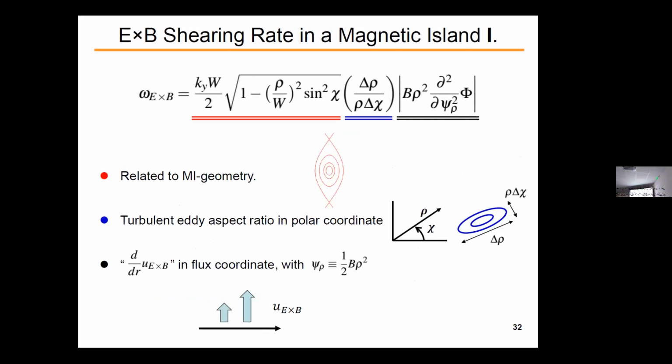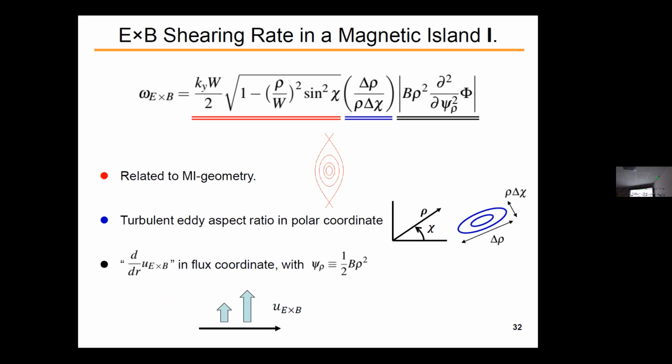So the E cross B shearing rate can be factored into these three pieces. One is the magnetic island geometry specific geometric factor. The second one, underlined in blue, is the turbulence eddy shape in polar coordinates with the magnetic island.